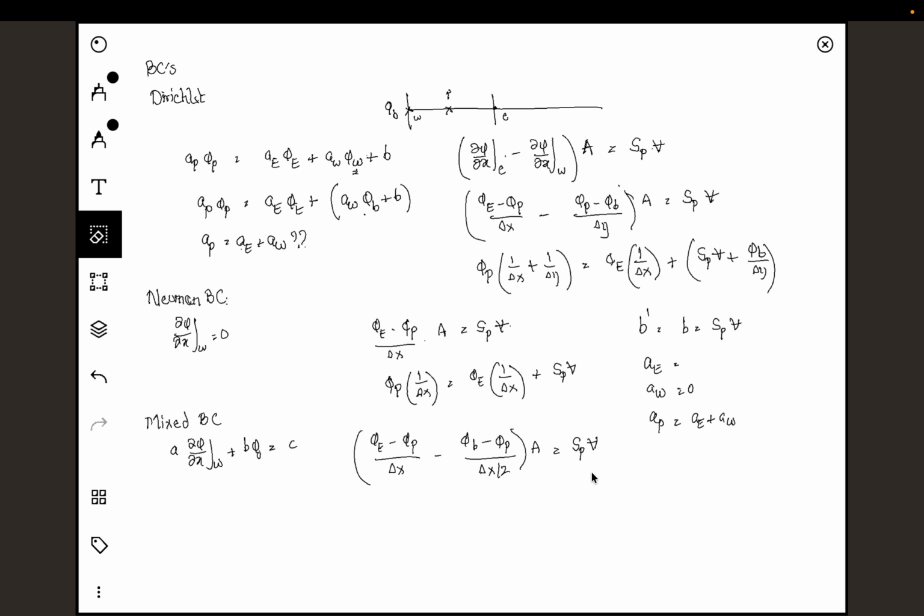Okay. And then now we have to approximate B in it. So we have phi P times 1 by delta x plus 2 by delta x, 1 by delta x times phi east, and then I have a source term plus some constant.